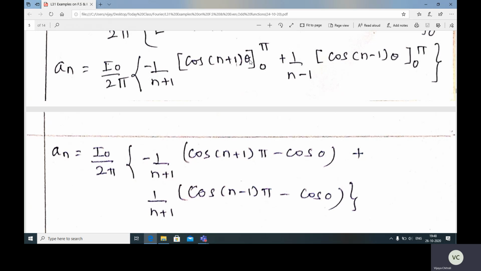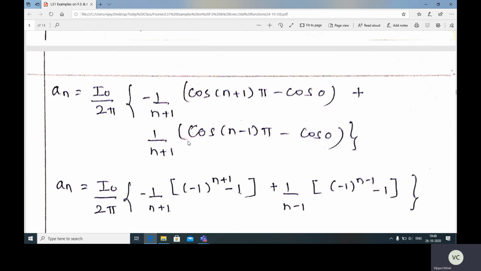So in place of θ substitute π, and in place of θ substitute 0, upper limit minus lower limit. So −1/(n+1) [cos (n+1)π, because it is upper limit, minus cos 0, because 0 is lower limit], plus 1/(n−1) [cos (n−1)π minus cos 0], right?